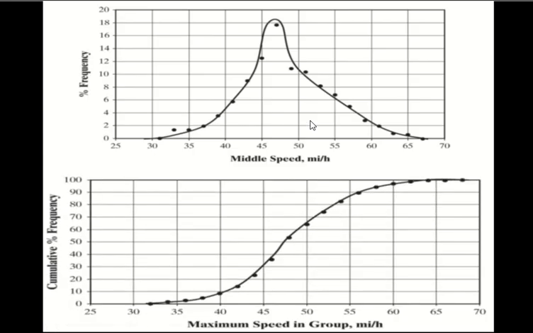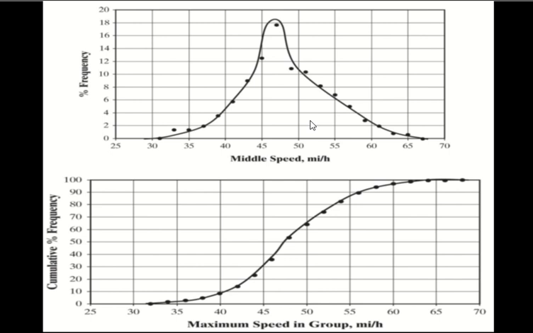Then we have another one, which is the cumulative percentage frequency distribution graph. On the y-axis, cumulative percentage frequency distribution. The x-axis has the upper limit of the speed group, not the middle, upper.